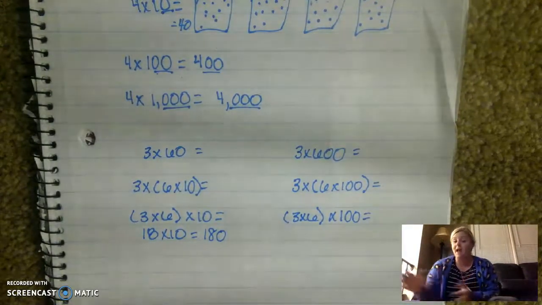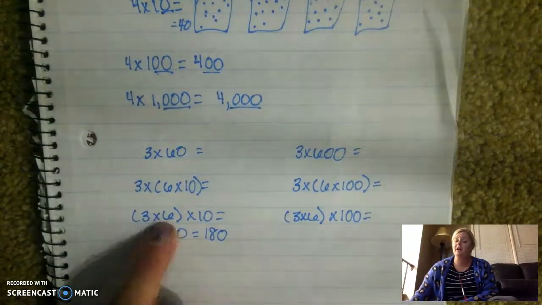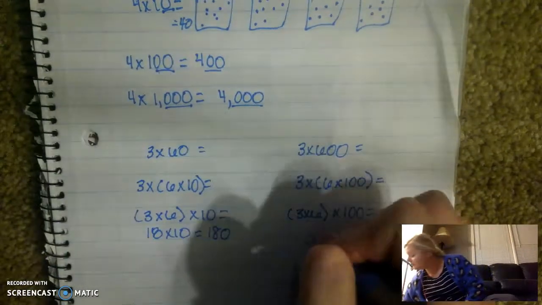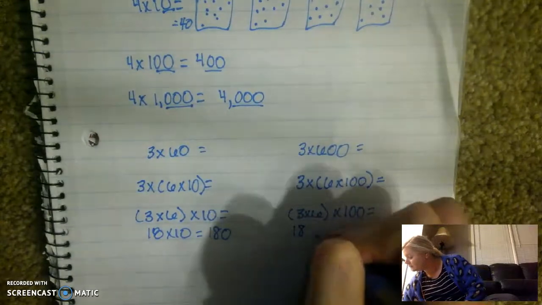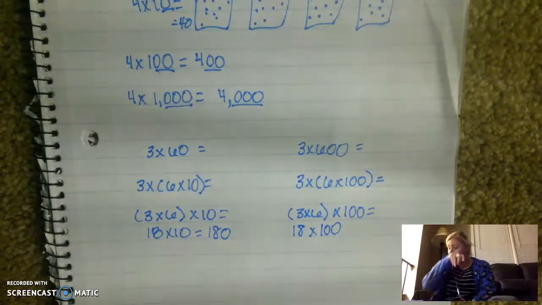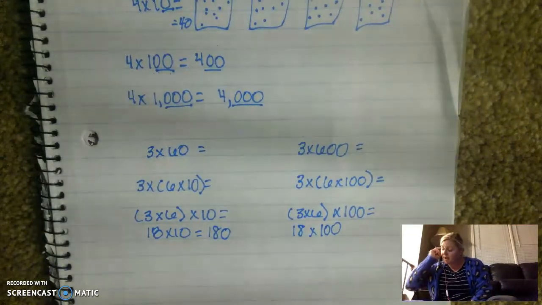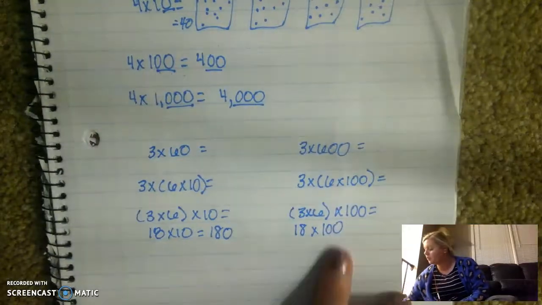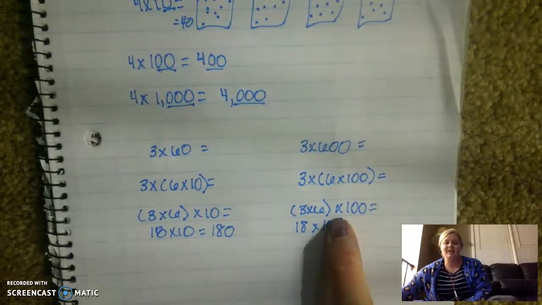Now, I'm set up the same way over here. 3 times 6 gives me what? 18 times 100. Let's do the same thing. If I were to take both of my zeros away, 18 times 1 gives me 18.